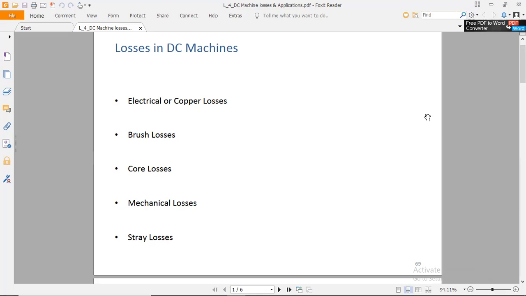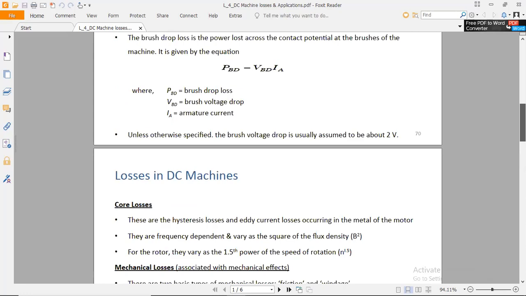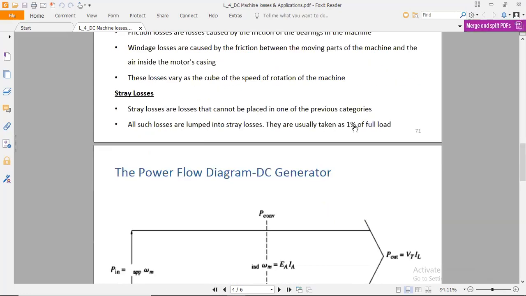Stray losses I already discussed. These are negligible losses, about 1% of the full load. Stray losses are those losses which we do not count and are not sure about why the efficiency is reduced by 1% or 2%.